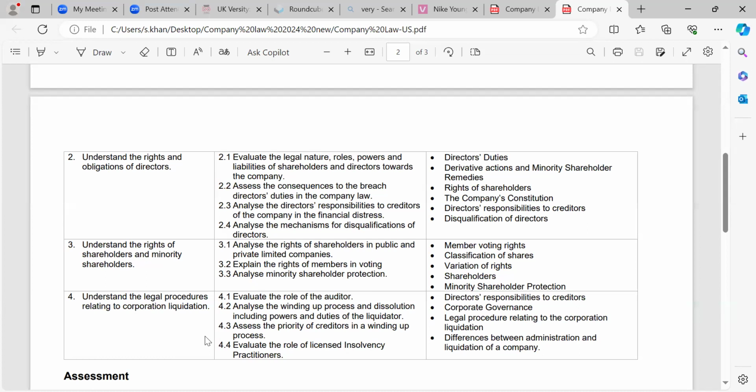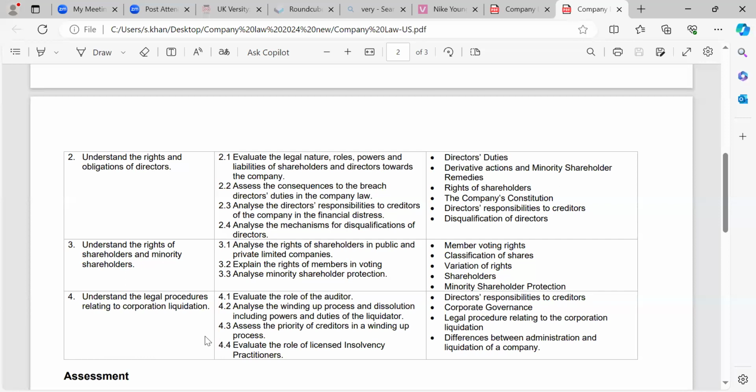So shareholders in public limited companies typically have greater flexibility in transferring their shares. We looked at the liquidity of investment for public limited companies. We then went on to look at voting rights for public limited companies, the access to information for public limited companies, and the dividend rights for public limited companies.